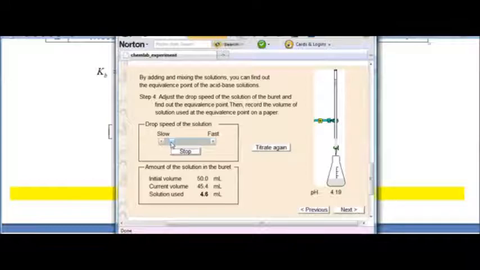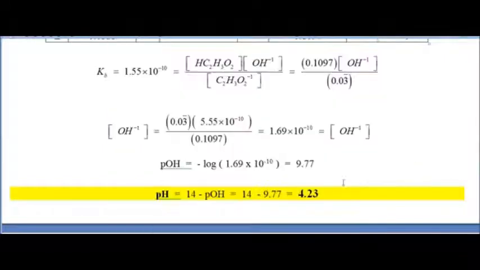Okay, we're at 4.6 here. 4.7. I'm going to try to slow down here. 4.8. And about right there. Okay, 4.9. 4.99, and it says that our pH is 4.2.